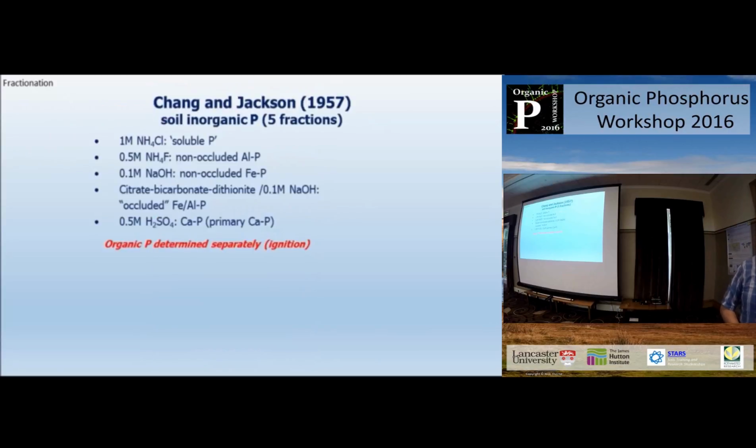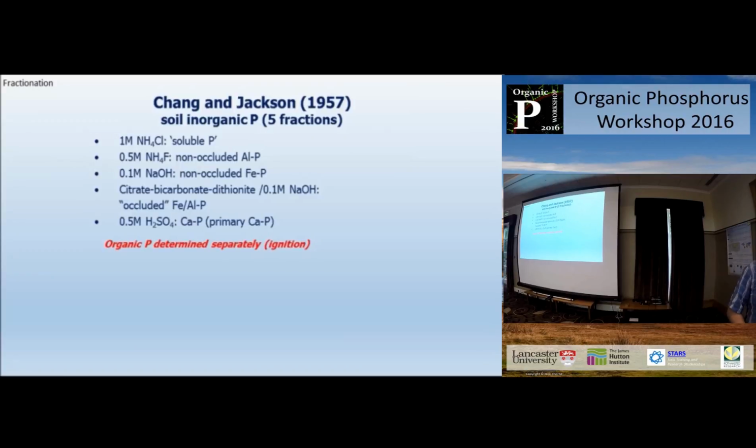And then we go to fractionation. Now, I could spend the next 40 minutes talking about fractionation. In fact, I've actually done that at other conferences. But just to give you a brief overview of where fractionation comes from. The idea of fractionation is that you use a series of extractants of different types, whether it be neutral, acid, alkali, to separate phosphorus into different forms.